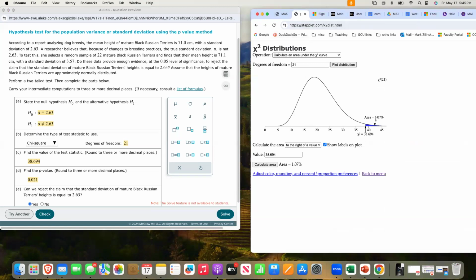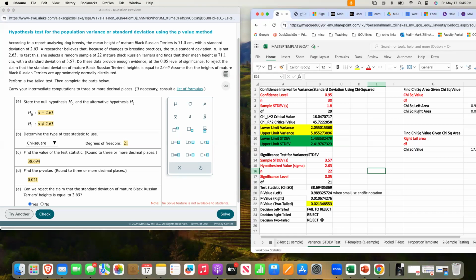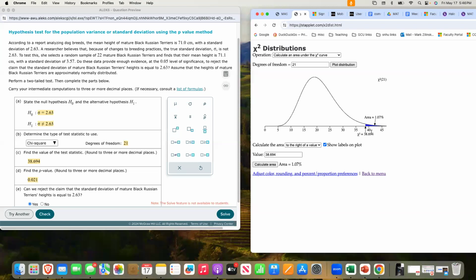Notice here the area is about 0.107, which is essentially what we're getting here, 0.107 rounded to 4 decimal places. They just express things in terms of a percentage here. So all we're doing is doubling that. The reason we're doubling that is because it's a 2-sided test.